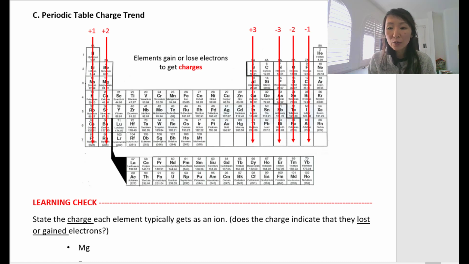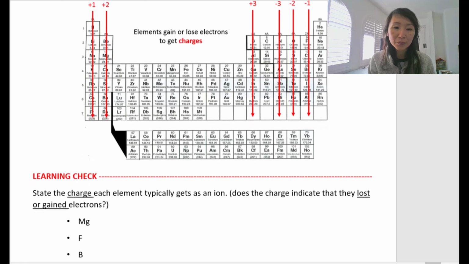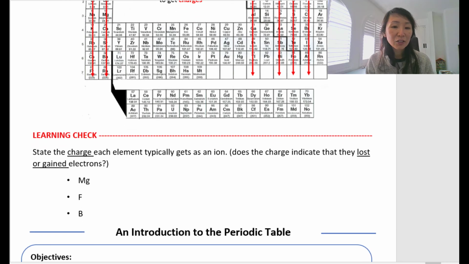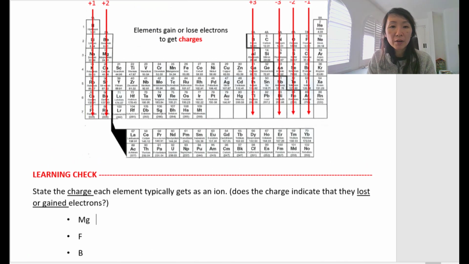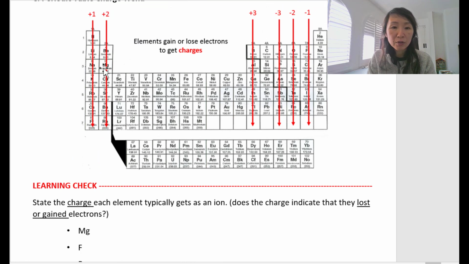So knowing that, we'll go ahead and try the learning check here. It says state the charge each element typically gets as an ion. Does the charge indicate that they have lost or gained electrons? So let's try magnesium. Magnesium is in that second column as shown above right here, +2, right?